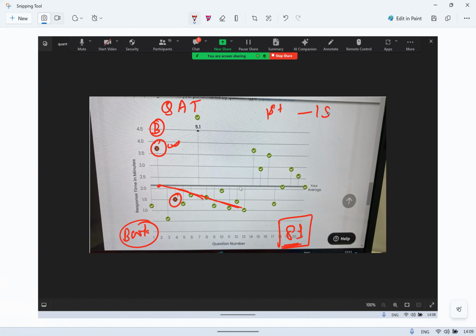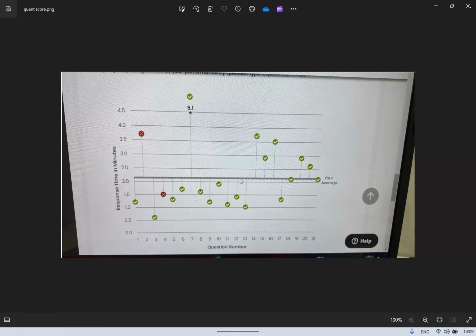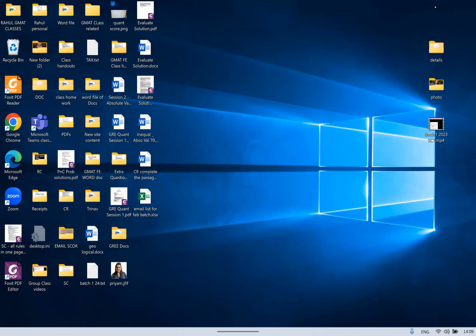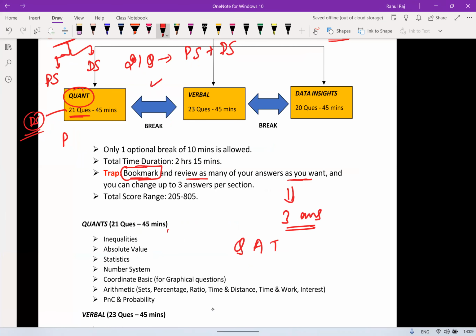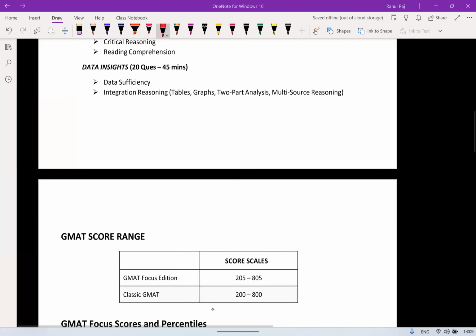Be very sure, because technically if you bookmark and mark some answer, your graph, your ladder is already gone down. Even if you come back at the end and make it right, how does that matter? So this is a very big trap, I can tell you, in the exam that has happened right now. So you should not try to bookmark anything at all. Am I clear? Yes or no? Yes, sir.